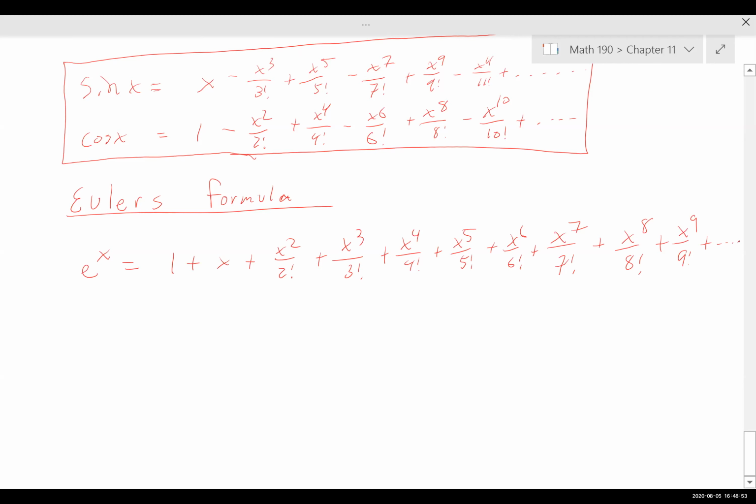So far, so good? Okay, this is not Euler's formula. This is just the power series for the natural exponent. We're going to derive Euler's formula in a minute. This is just a power series. We've already derived this. We're good with this.